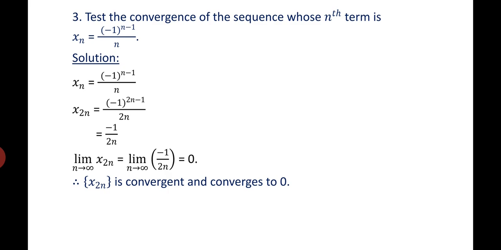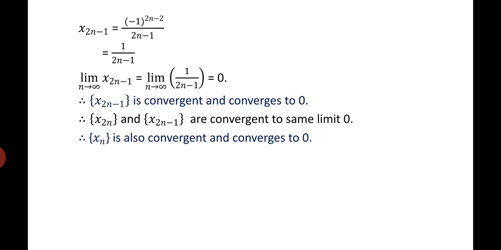This would be (minus 1) to the power of 2n minus 1 divided by 2n. Since you have (minus 1) raised to 2n minus 1, it's a negative number. So we get minus 1 by 2n. When the limit n tends to infinity, 1 by 2n becomes 0. Therefore, x2n is convergent and converges to 0.